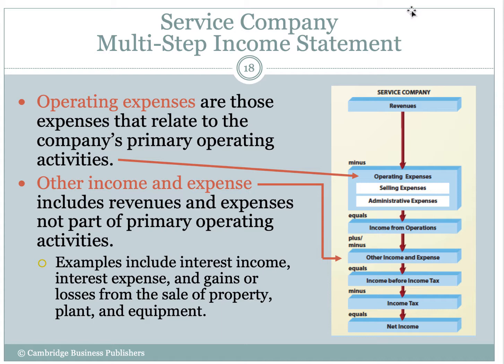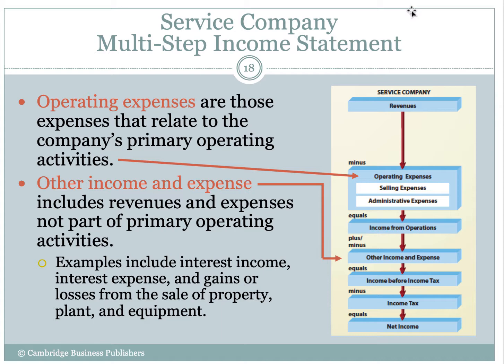Maybe we have interest expense. Maybe we have to pay interest on a loan. Interest on a loan, that would be an example of other income and expenses. Maybe we sold some property, right? Or we sold property, plant, and equipment. Well, in that sale of that property, plant, or equipment, we may have a gain or loss.